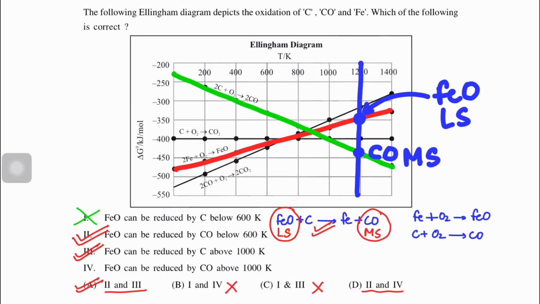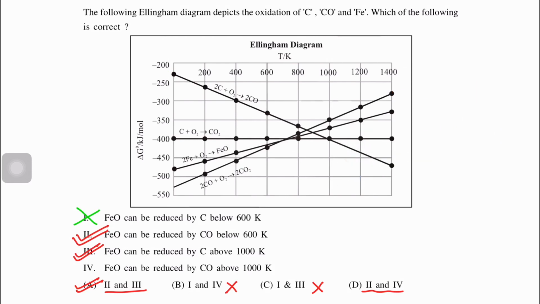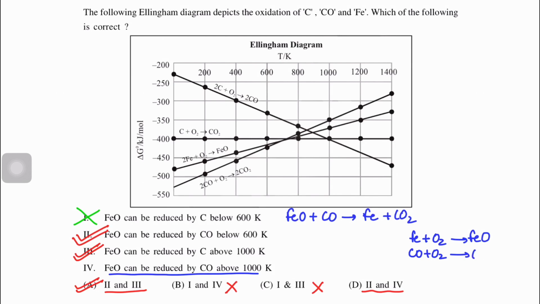And now we have to check the fourth one also. Is the fourth one possible? So let me see. FeO can be reduced by CO. So the reaction is FeO plus CO forming Fe plus CO2, above 1000 Kelvin. So we will concentrate on two reactions. First is Fe plus O2 forming FeO, and second is CO plus O2 forming CO2.